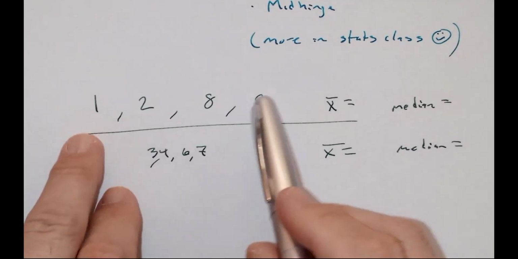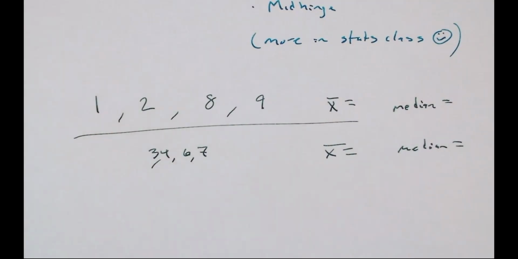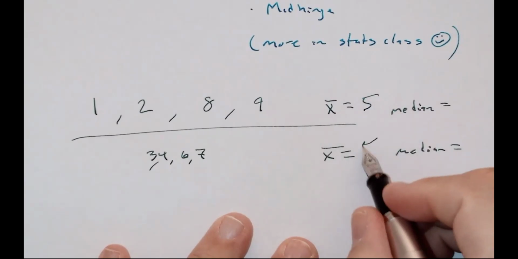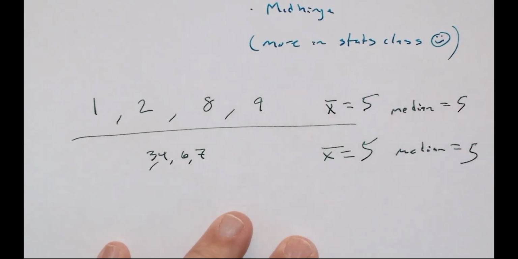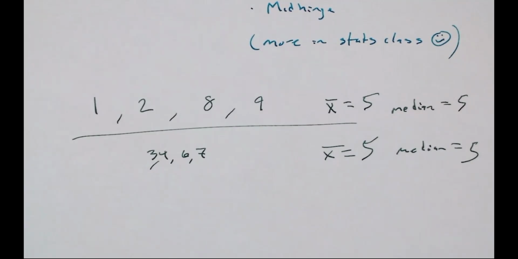Add them all up, you get 20. 20 divided by 4 is 5. In all of the cases, the answer here is 5. And there's no mode for any of these, right? All the data appears once. So can I tell these pieces of data apart just by looking at the centers? These two data sets are exactly the same as far as centers are concerned. That's bullshit.